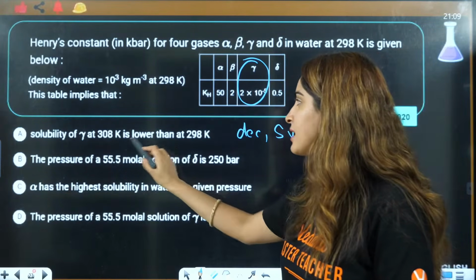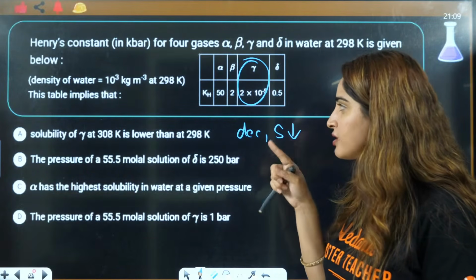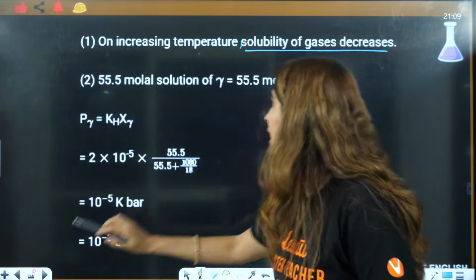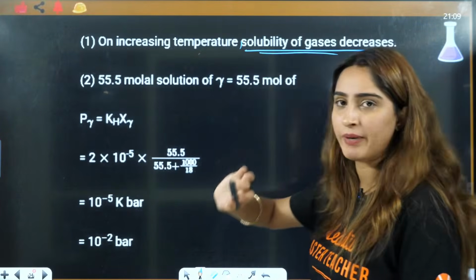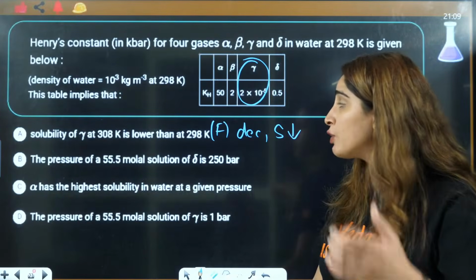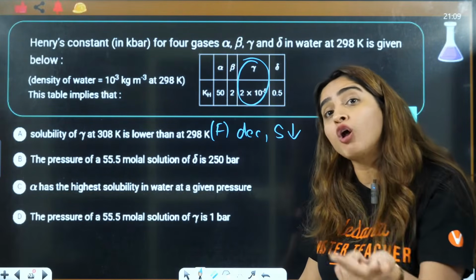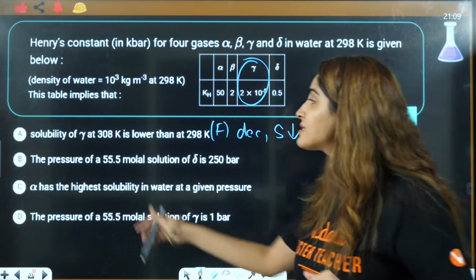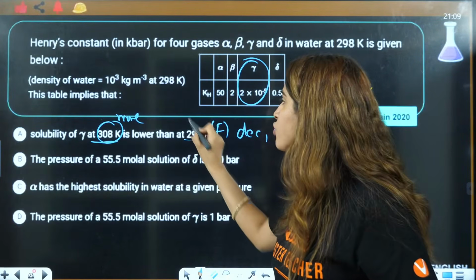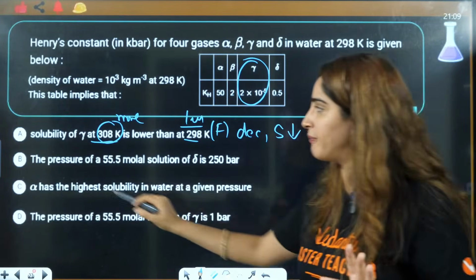But here they are saying solubility at the higher temperature is lower, so this is a false statement. They are saying the opposite thing, so that is a wrong statement.